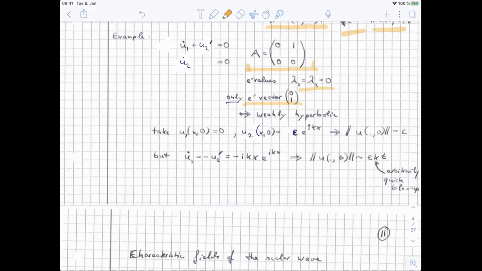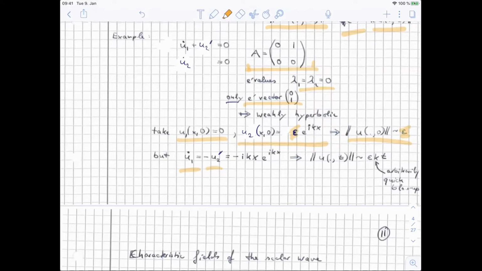And the next few lines tell you how things can go wrong. Consider the initial conditions u1 identically 0 and u2 equal to an oscillatory solution with some small amplitude epsilon. Well, obviously the initial norm is of order epsilon. u2 of order epsilon is the only thing that's non-zero. However, if you now look at how u1 develops as a function of time, its time derivative is u2 prime.